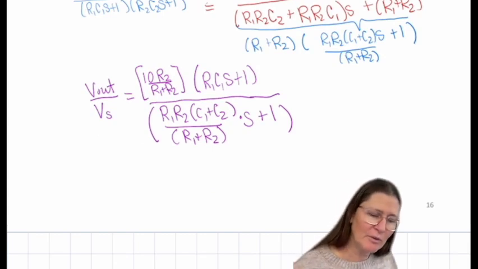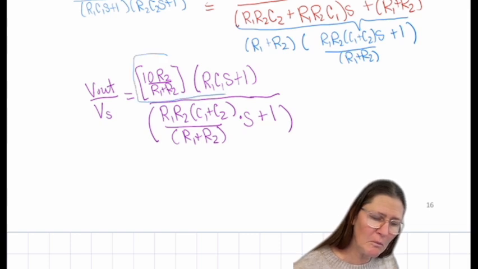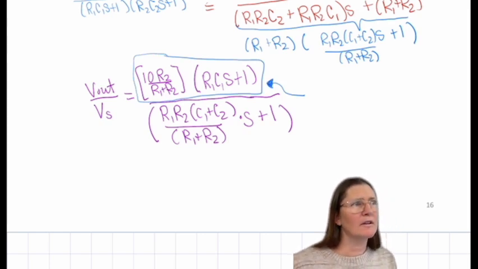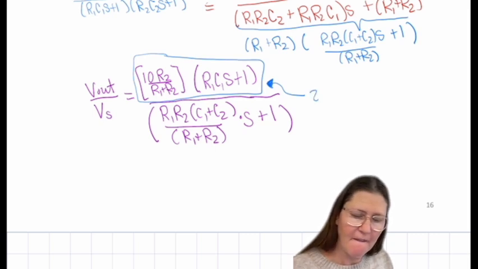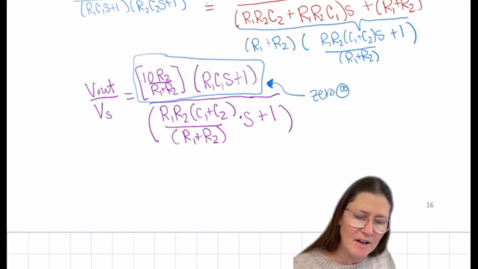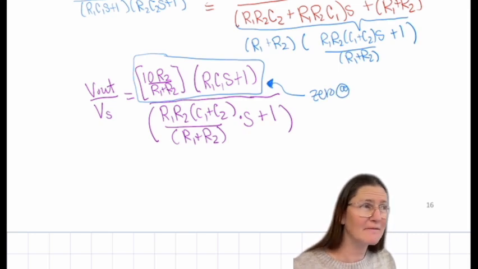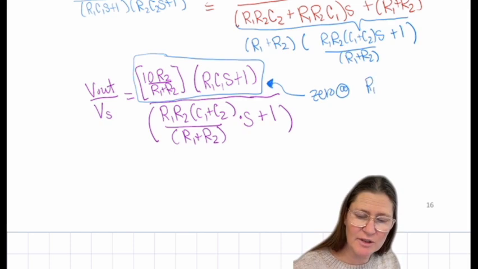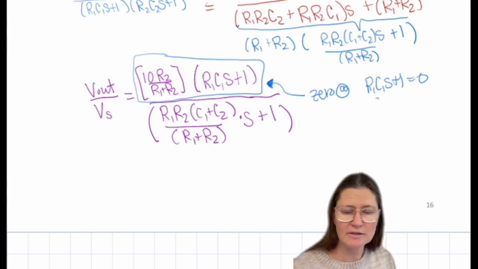So from this, what does this mean? What does this top one mean? What do I have here? A 0 at? So to find it, you would set R1C1S plus 1 equal to 0 and solve that for S. So it'll be at 1 over R1C1. Correct.